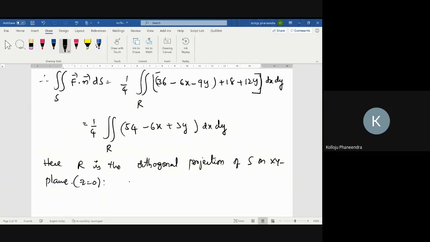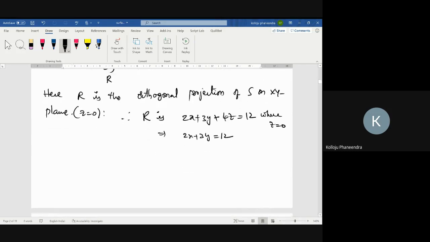Therefore, what is the equation of R? The surface equation is 2x plus 3y plus 4z equal to 12, where z equal to 0. That implies R becomes 2x plus 3y equal to 12.